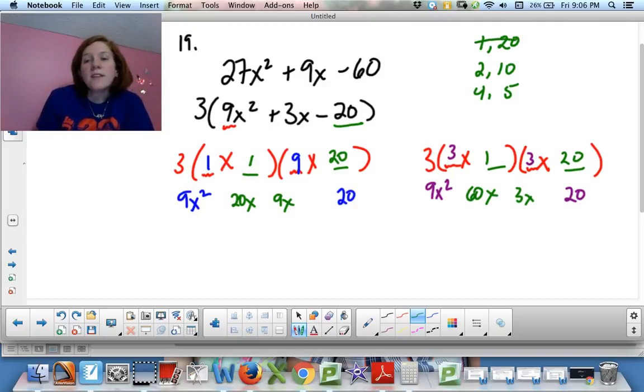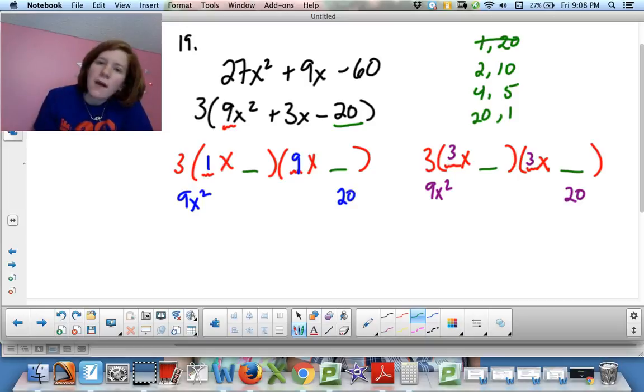Now, we do have to consider the idea that maybe the order was wrong. So we do have to try 20 and 1. So what I'm going to do is pause and erase, and then we'll try it in a different order. Okay, so I'm going to try 20 and 1. I don't have to worry about flipping the order over here, because since my coefficients are the same, the order is not going to make a difference.